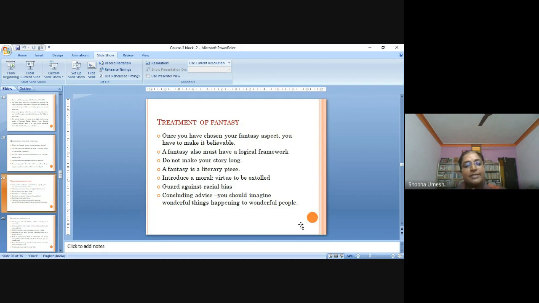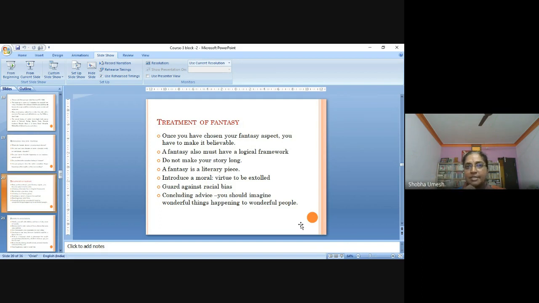So always keep in mind to guard against racial bias. See, when we write a story, it has to have universal appeal. It should be unbiased toward any caste, creed, or society. The universal appeal should be there in all the stories, because we are not writing for a particular caste, creed, or race. So no racial discrimination has to be brought into the story.